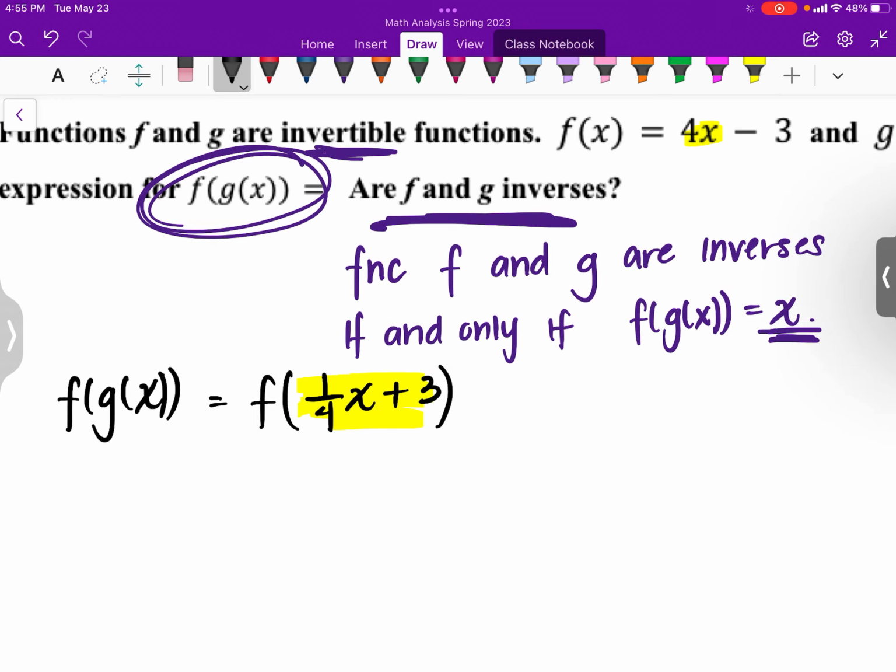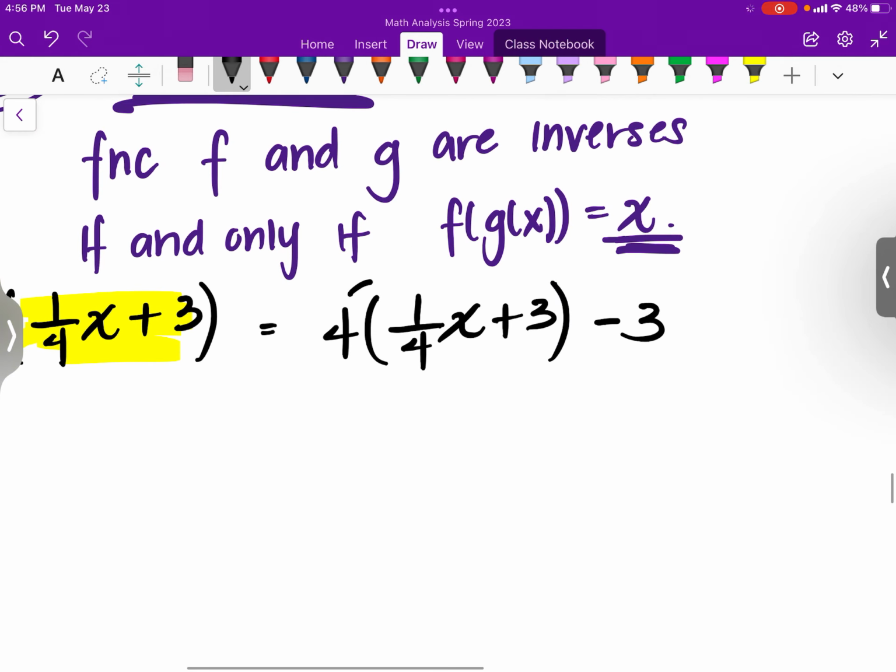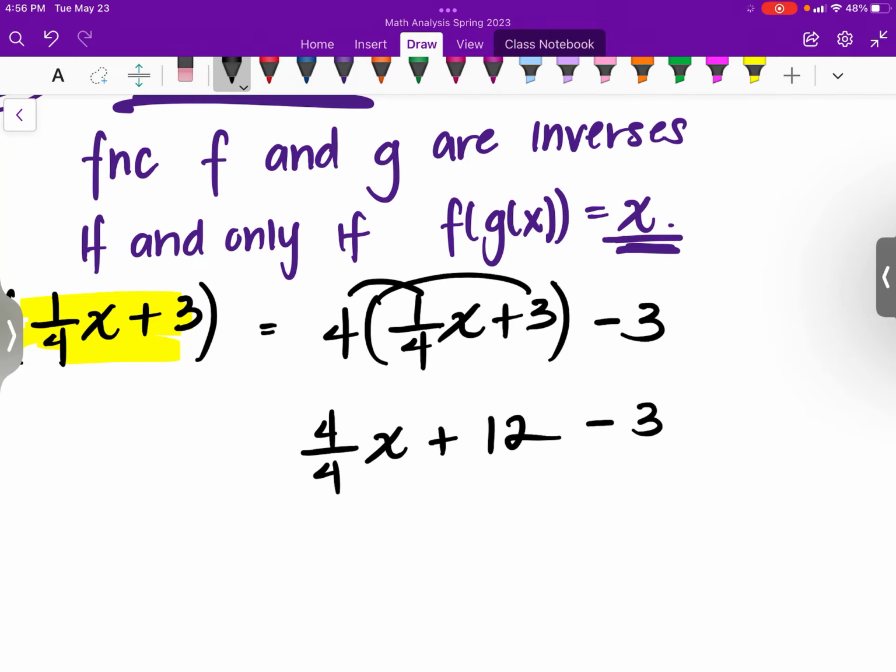So that's going to become 4 times 1 over 4x plus 3, minus 3, right? Zooming in on here, I'm going to go ahead and distribute that 4. So that's 4 over 4x plus 4, not 4, plus 12 in this case, minus 3.